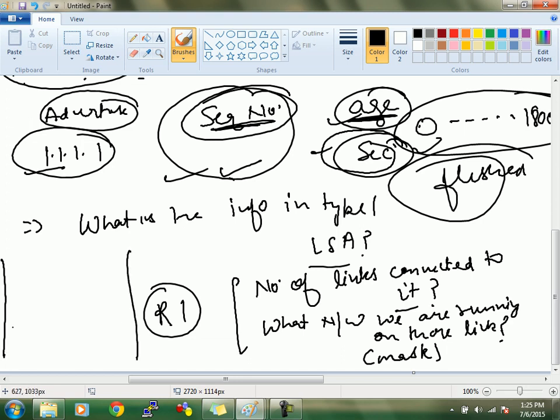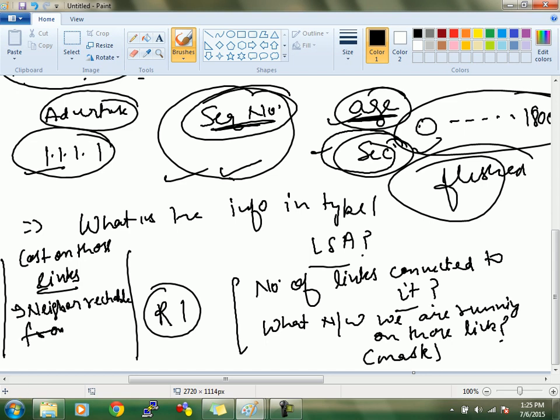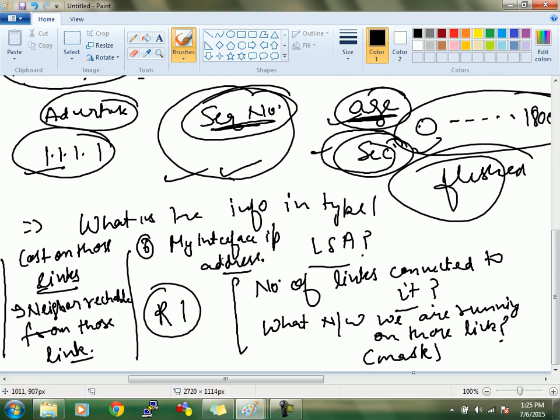Fourth thing, cost. Fifth thing, the neighbor reachable from those links. Sixth thing, my interface IP address. So what are the six things? Repeat first of all.